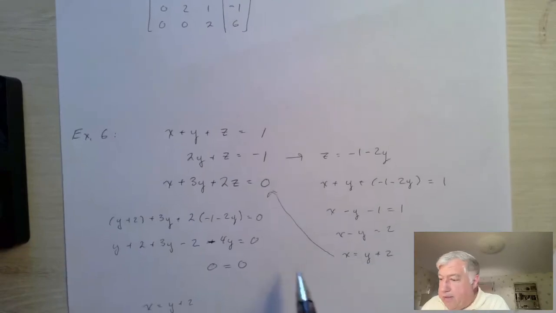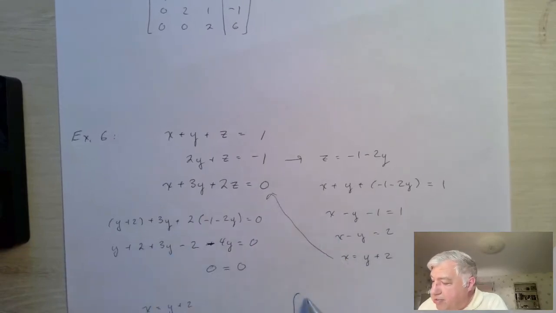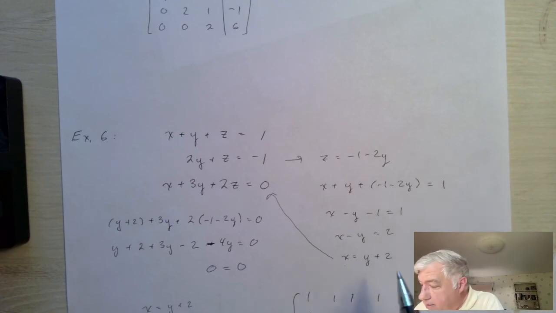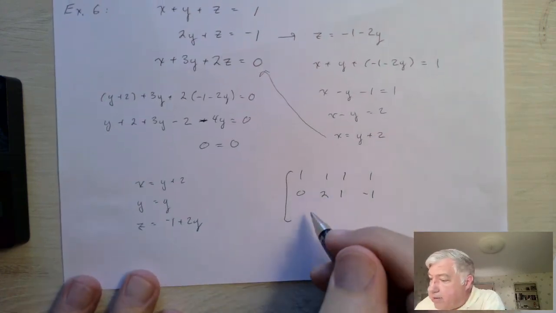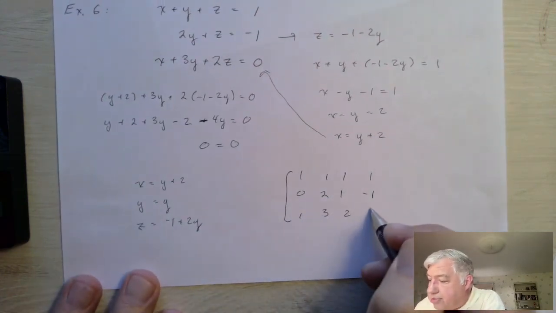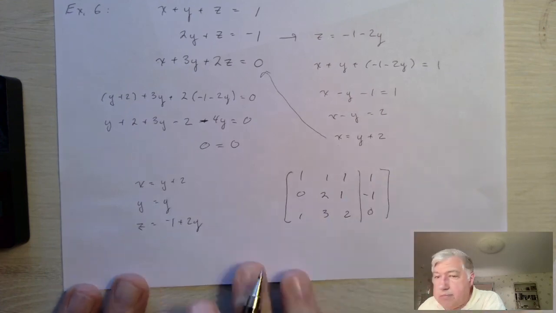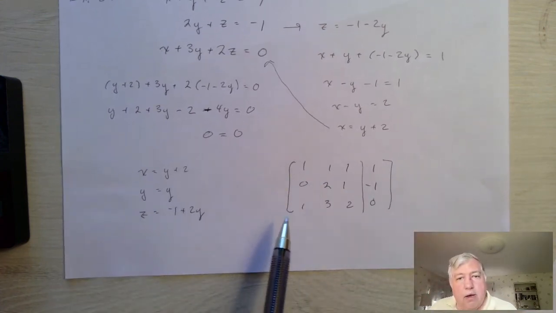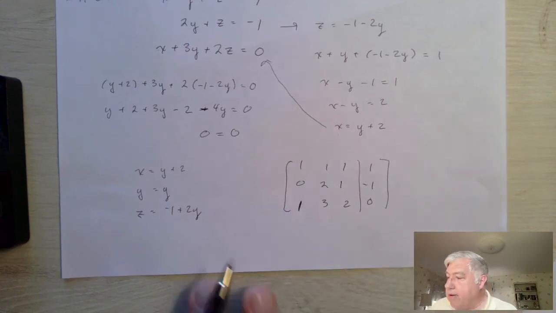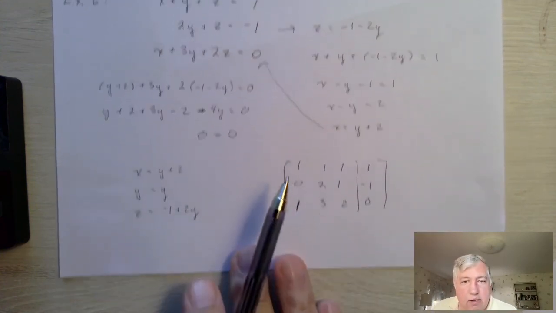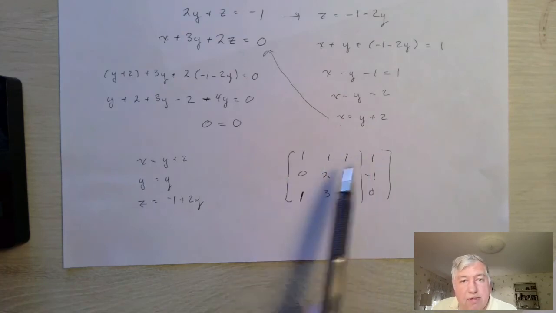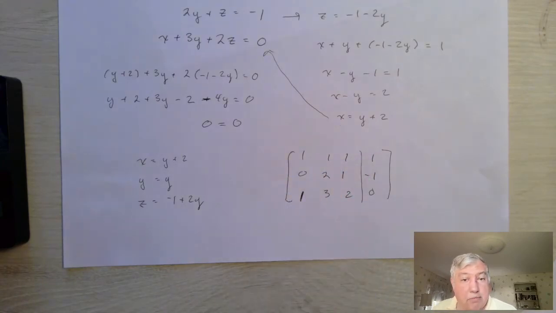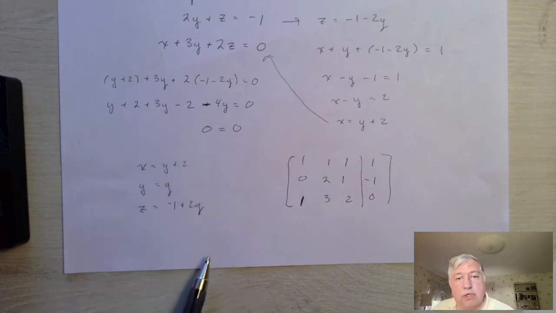And similarly, the augmented matrix for example 6 would be 1, 1, 1, 1, 0, 2, 1, negative 1, and 1, 3, 2, 0. Okay. And here once again we can clearly see that the sum of the first 2 rows is equal to the bottom row. Sometimes we can see that relatively easily, but a lot of times we can't.